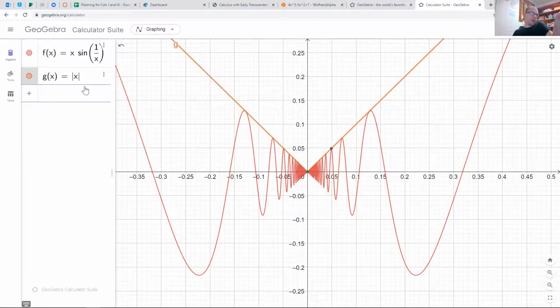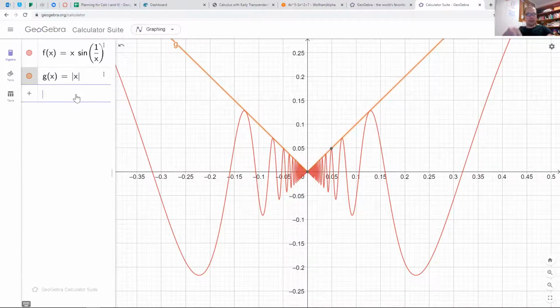And that largely comes about because the sine of 1 over x is going to continually oscillate between 1 and -1. And so it's never going to get bigger than 1. And so this whole expression is never going to get bigger than the absolute value of x.